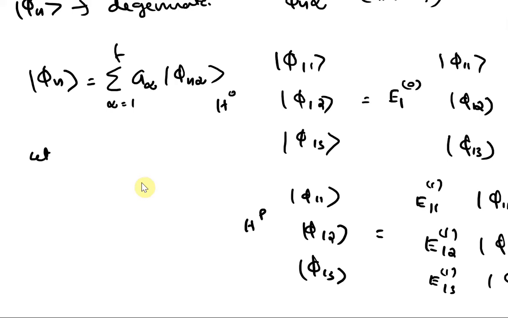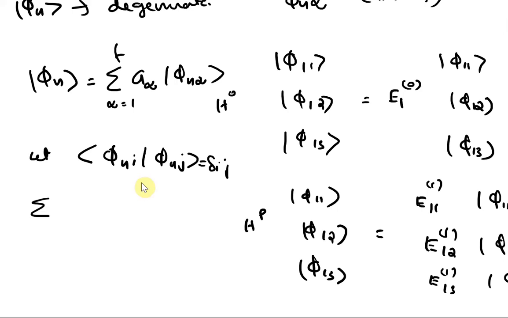If that is the case, we have the condition: phi, a particular state on the larger space, and this is the degeneracy factor coming in. So the inner product of phi n i with phi n j equals delta ij, right?